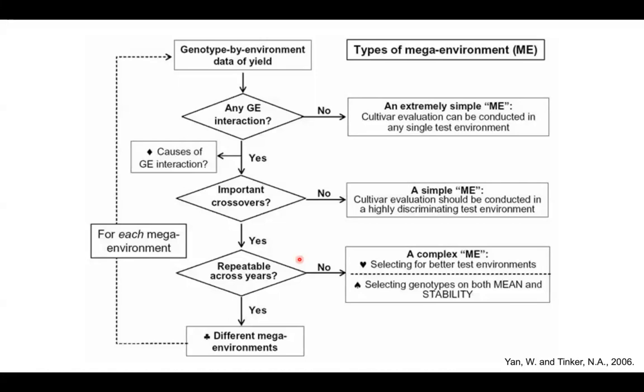Sometimes it yields a little less in the best environment, but it yields significantly more in the poor environments. That hybrid would become a more interesting hybrid to release than the one that is very responsive.